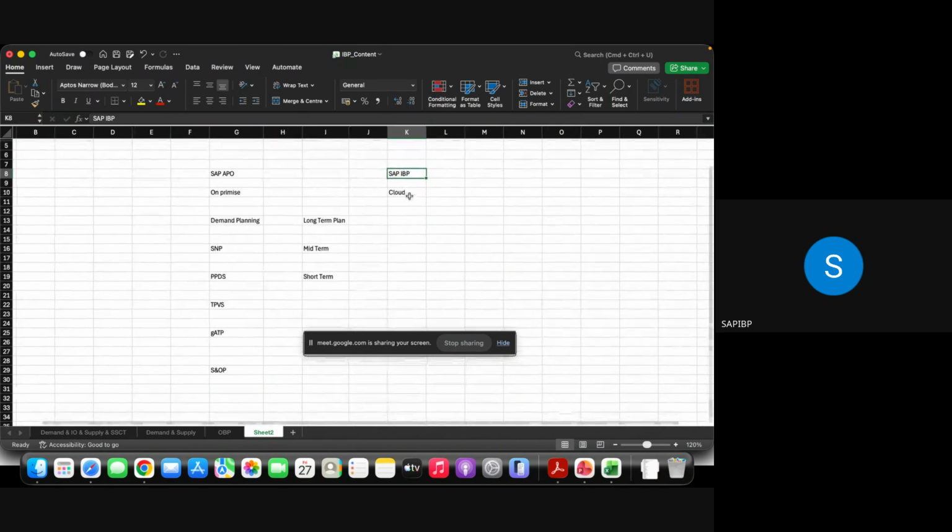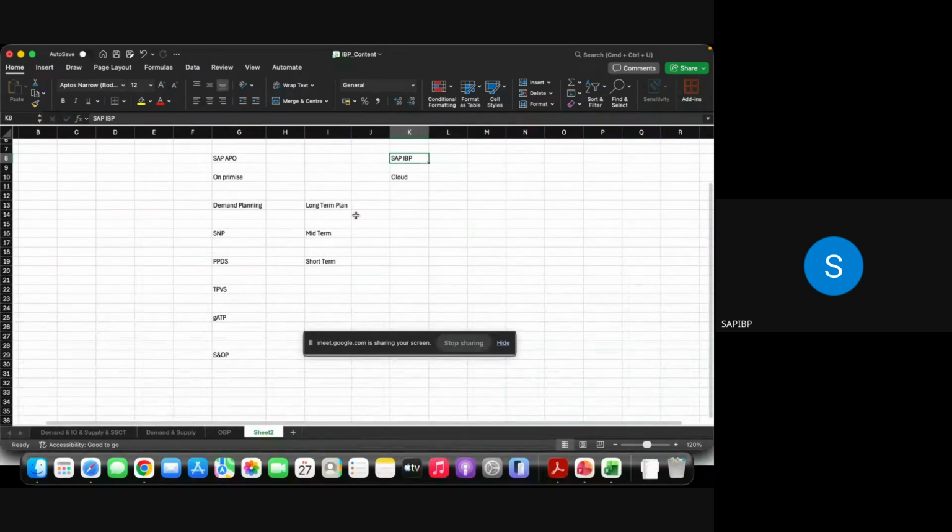Under IBP, they are slowly migrating the functionality of demand, which is there in APO, to IBP as IBP for demand. And SNP is migrated to IBP as IBP for supply and response.